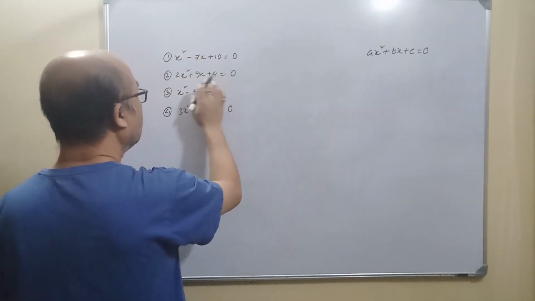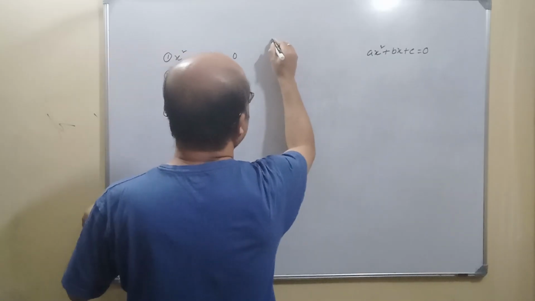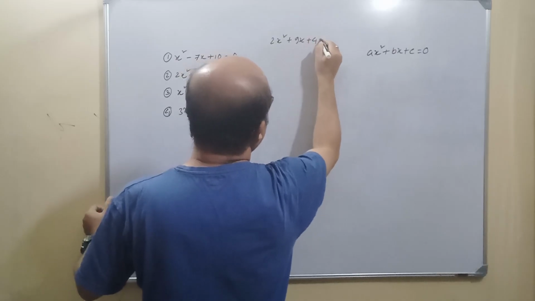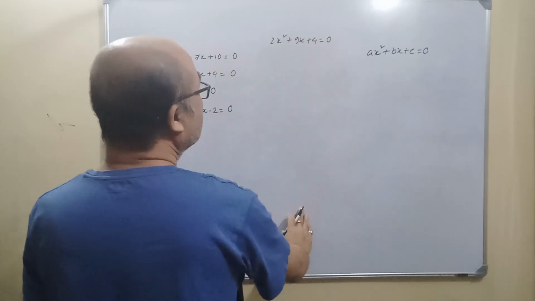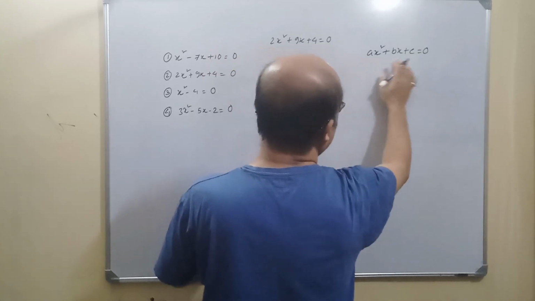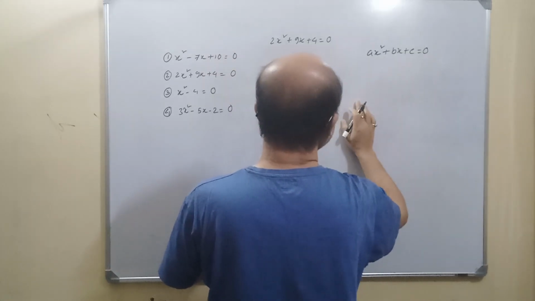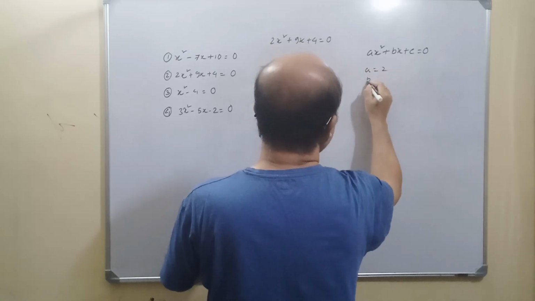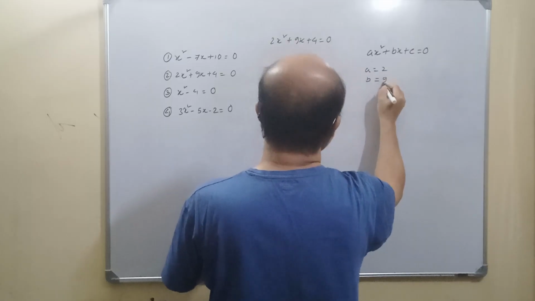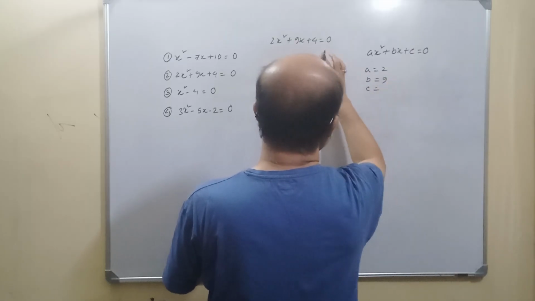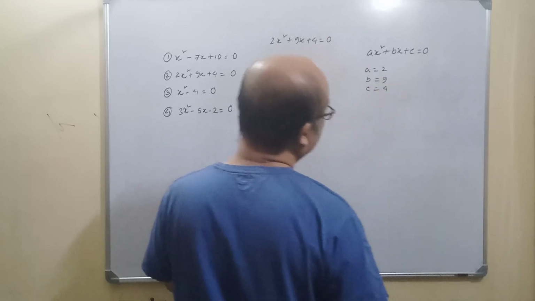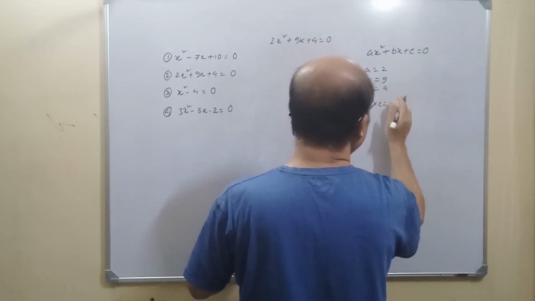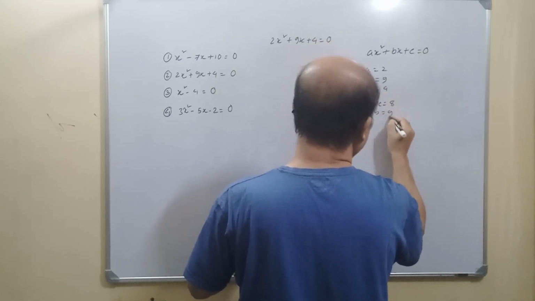Equation number 2, 2x square plus 9x plus 4. This is also in this standard form. So a is 2, b is 9, and c is 4. So a into c is 8, b is 9.